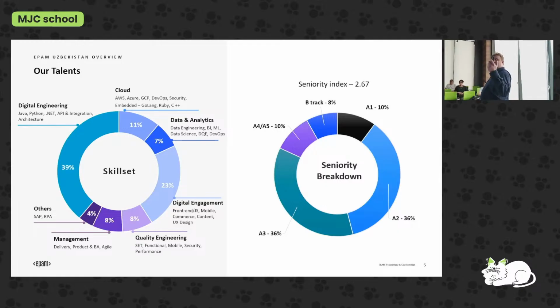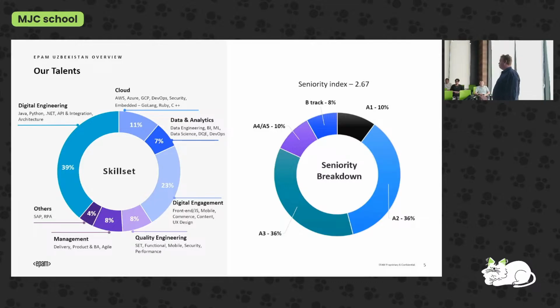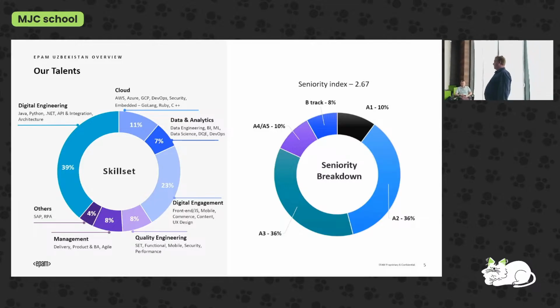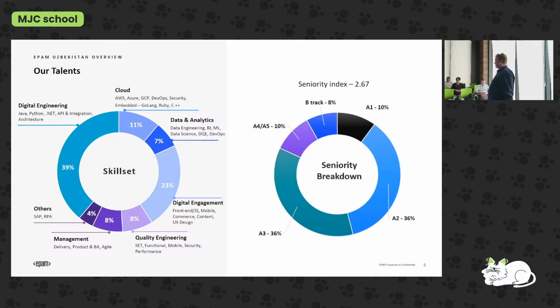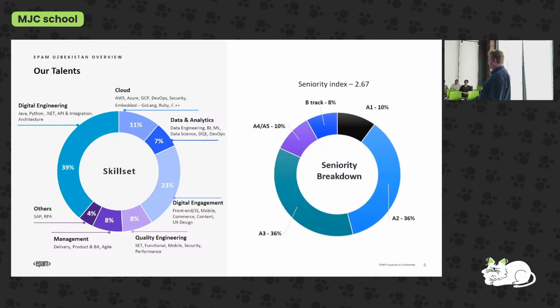We try to hire more engineers who are only starting their career. We're also interested in more experienced engineers, but we want to create engineers who want to start a career, investing in local IT education.